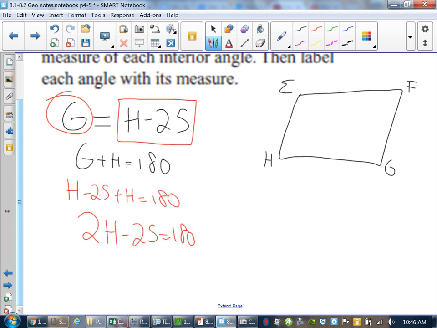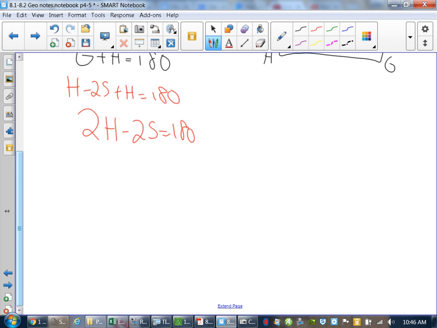And once again, you're setting yourself up for a very fast two-step equation. What do you do first? And then you cut it in half. And what do you get?